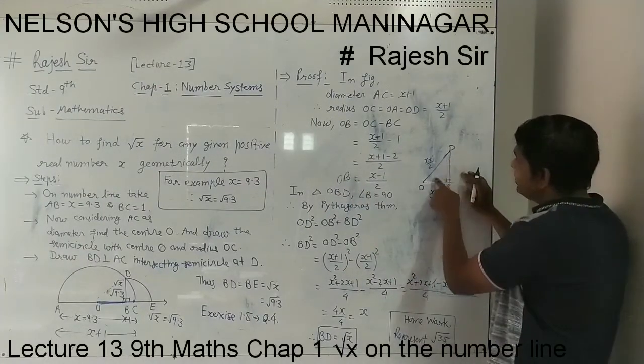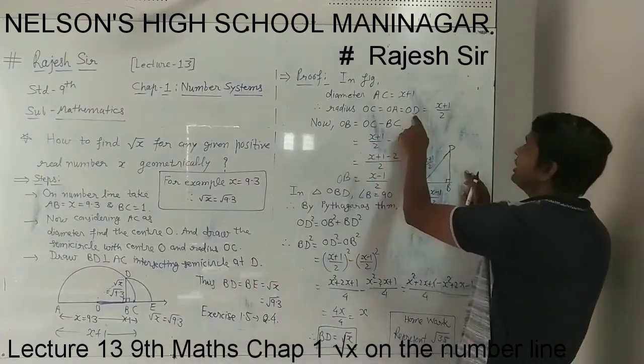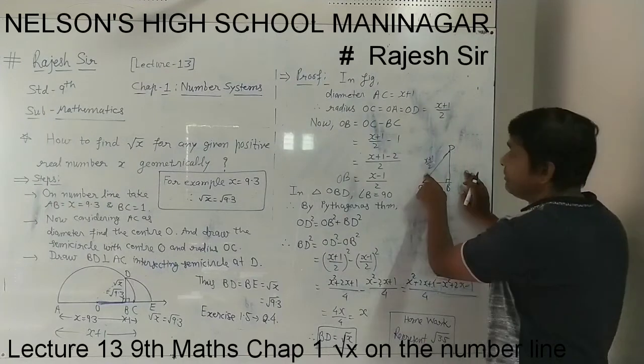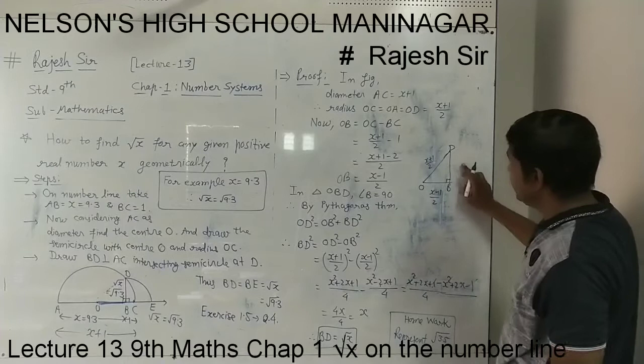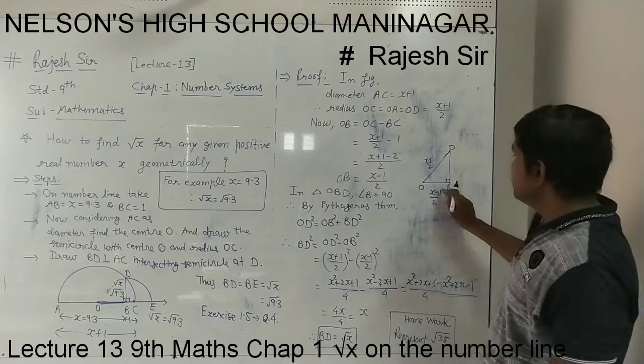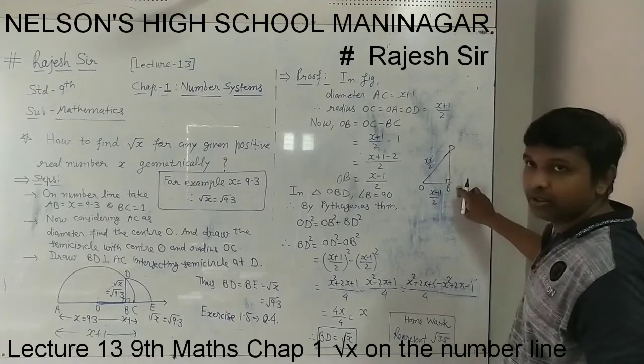And what is OD? OD is a radius and it is (x plus 1) by 2. Now we want BD. With these two values OB and OD, we will find BD.